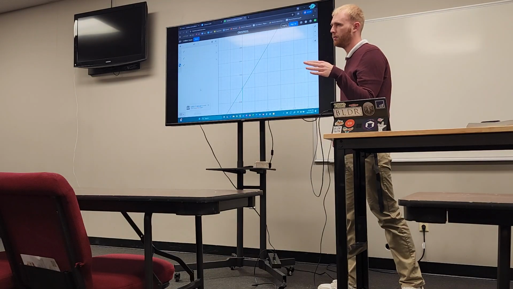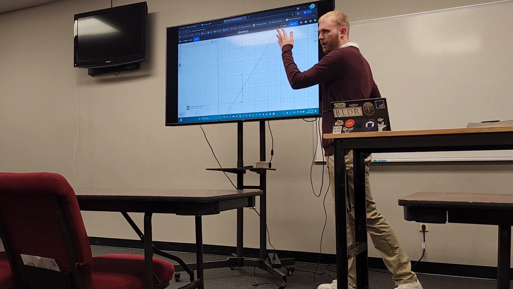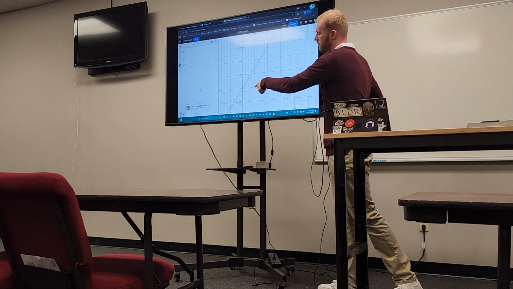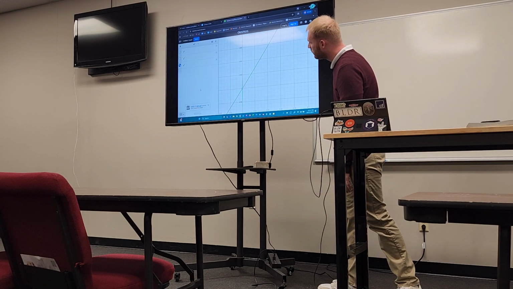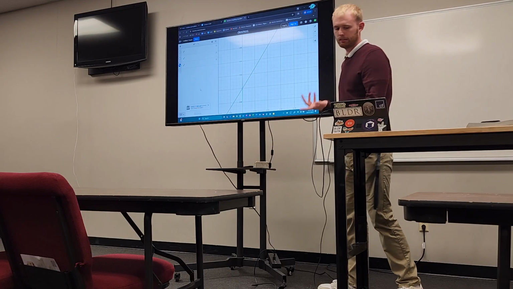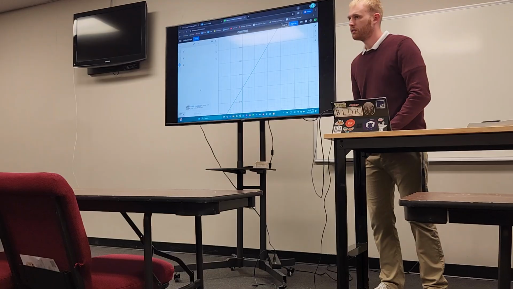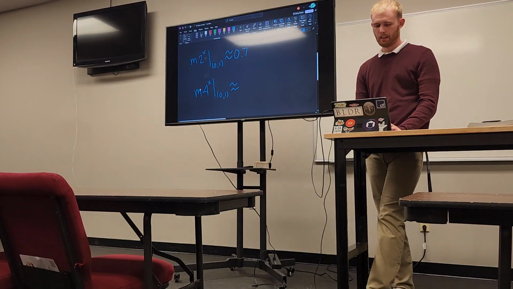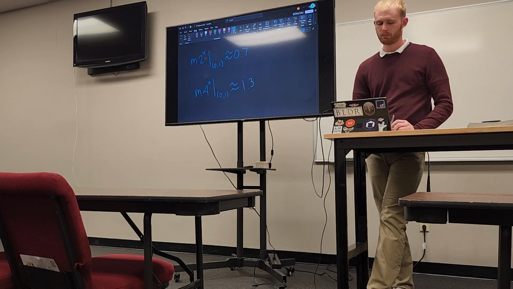That's the easiest way to estimate slope. We go 1 unit over on the x, how many y's is it changing by? So 1 unit is changing by about 1.3, 1.4-ish units on y. So the slope there is about 1.3 or 1.4.